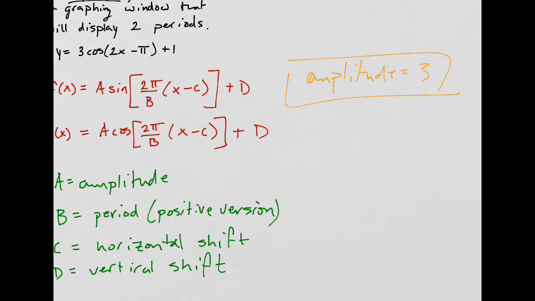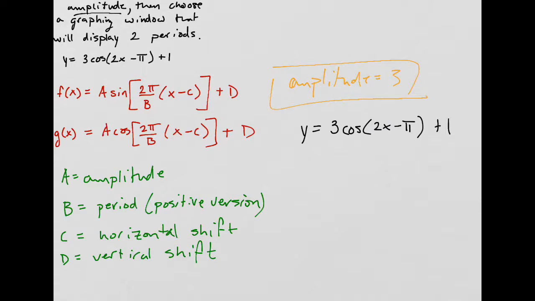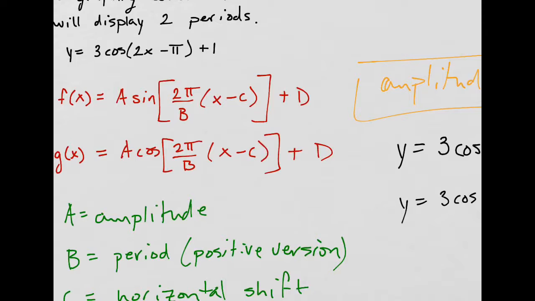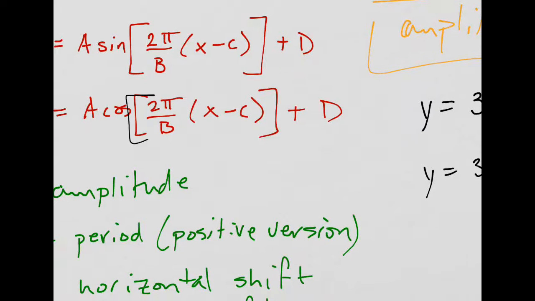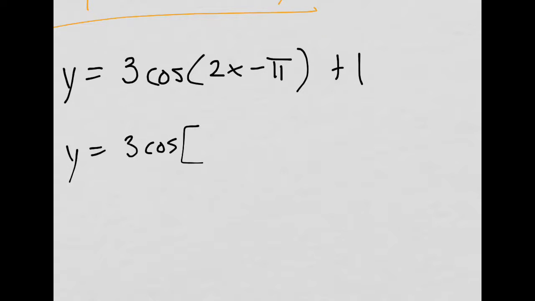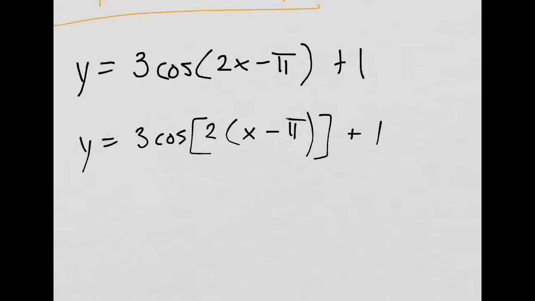So we have to force factor something. What I'm going to do is write this again, and then force factor it. I'm going to look at the inside. I want to factor out this 2. So the outside, y equals 3 cosine, is all going to be the same. But then we have this bracket. So bracket instead of parentheses, and I factor a 2 out, and then I'm left with x minus pi, and then plus 1.